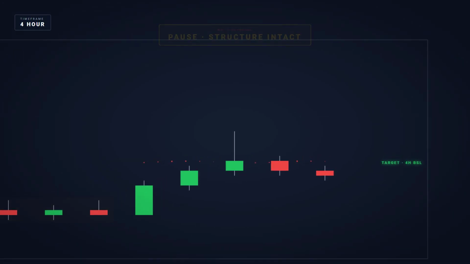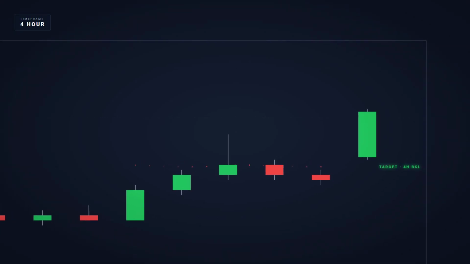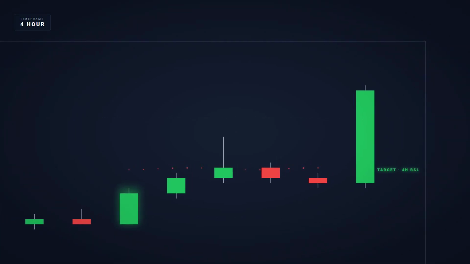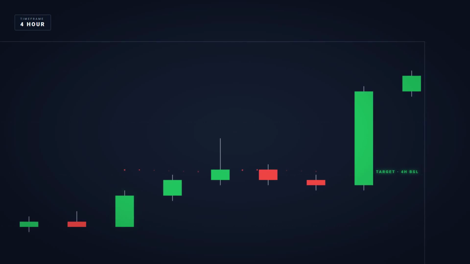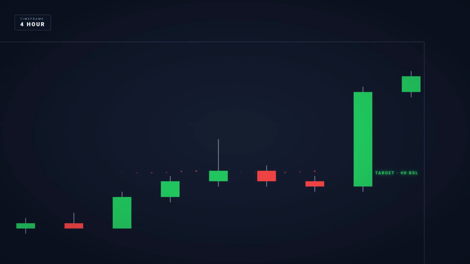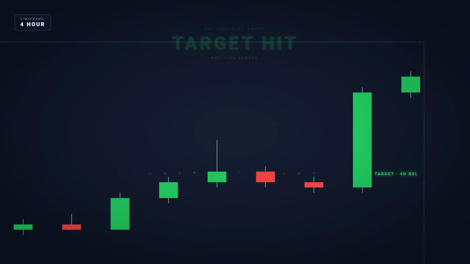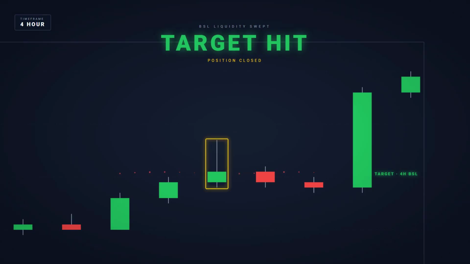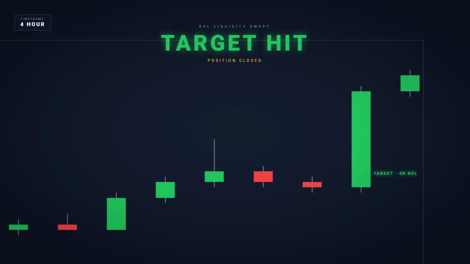When the consolidation breaks to the upside, a single 4-hour candle clearing the consolidation high with a strong body, the move accelerates again. The remaining distance to the target compresses quickly. The target is hit as a single 4-hour candle sweeps through the previous high, extends slightly above it to trigger the buy stops clustered there, and then closes slightly below.